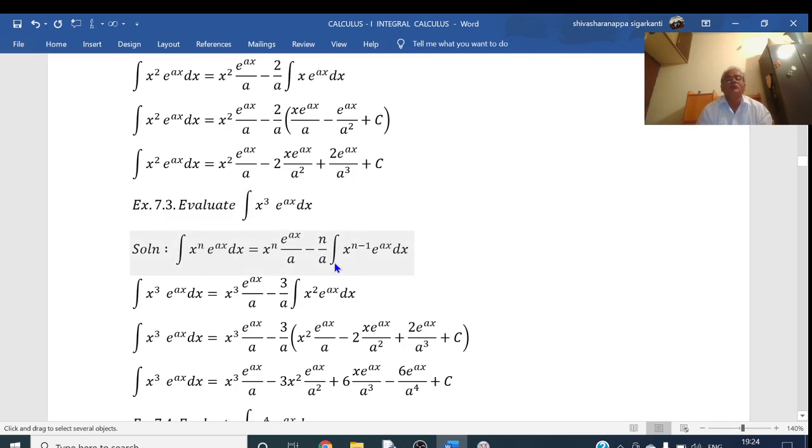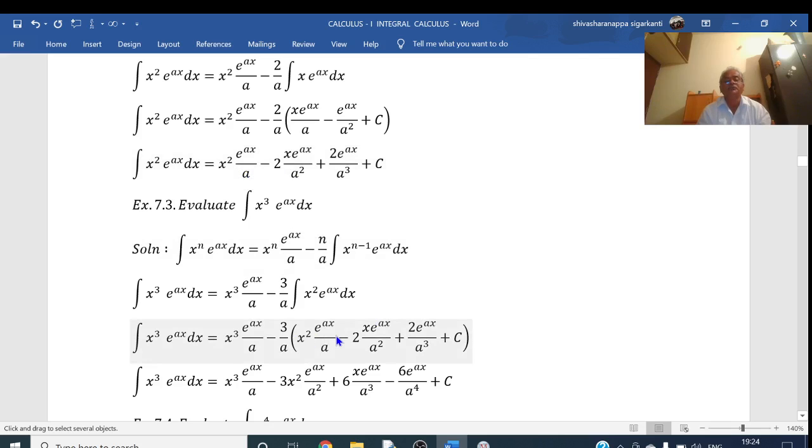We have, this is the formula. Here we have to put n equal to 3. If I put n equal to 3, this becomes x cube e raised to ax by a minus n by a, that is 3 by a into integration x square e raised to ax dx. We know this integration x square e raised to ax dx is here. This is our x square, integration of x square into e raised to ax dx.